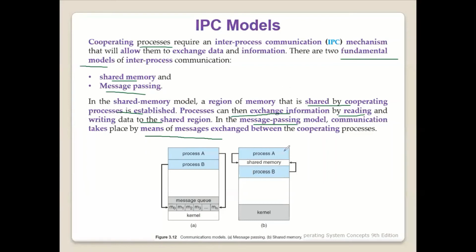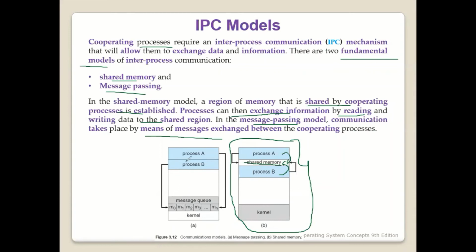Can you see the shared memory in this diagram? A portion of the memory is shared memory. Process A has access to this shared memory, and process B also has access to it. Now this is the idea of message passing.